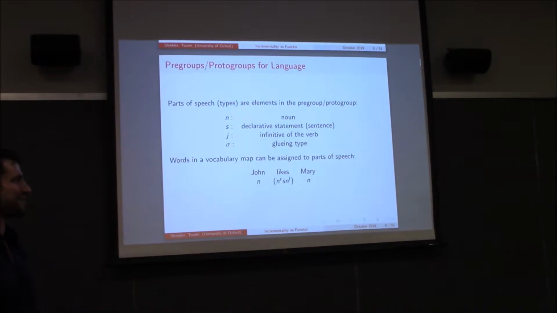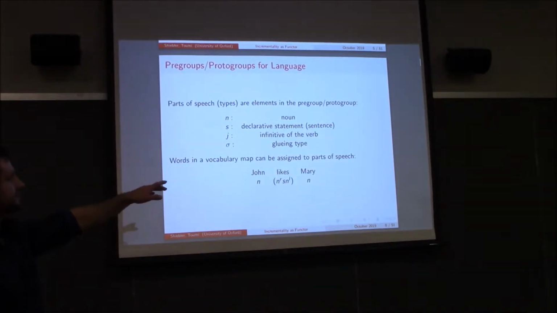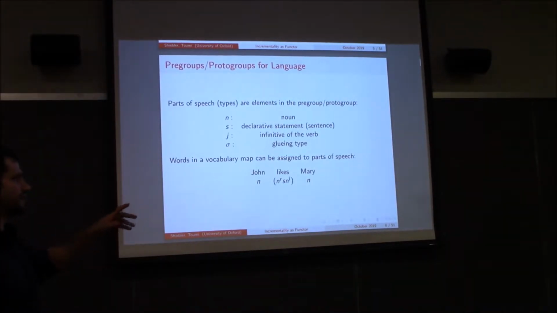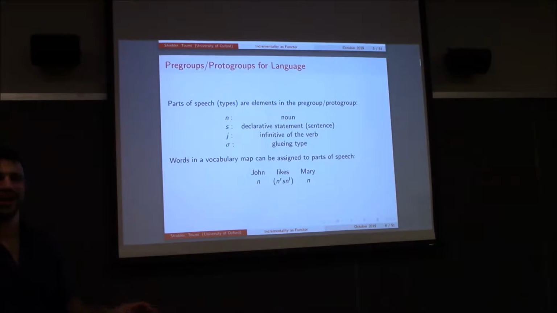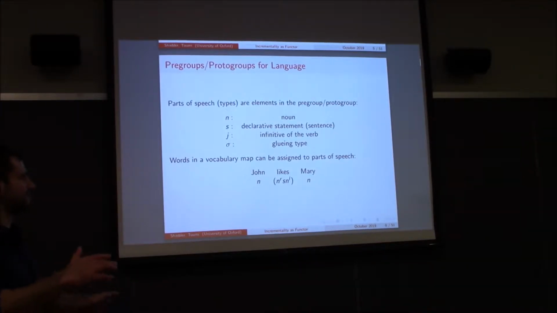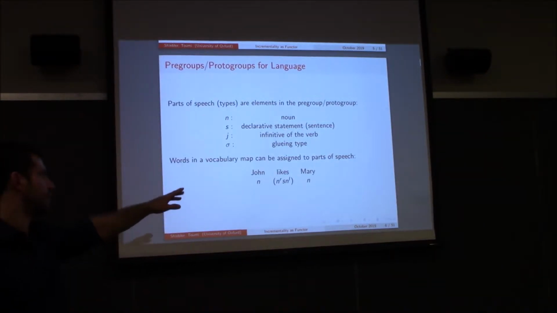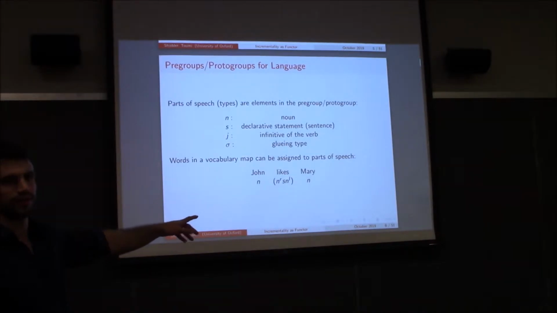No, great question. So this is basically how we can relate these notions of pregroups to what we start thinking about as language. Essentially, let's say we want to start parsing a sentence of words. So we're going to associate each word with a type in the pregroup.